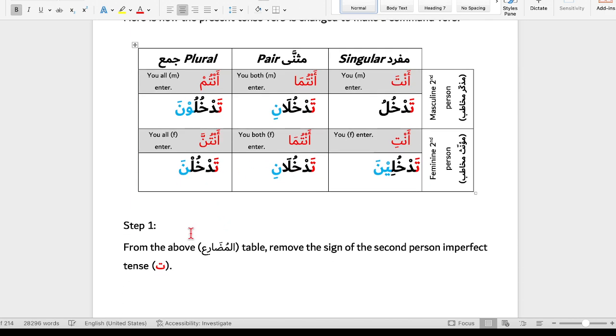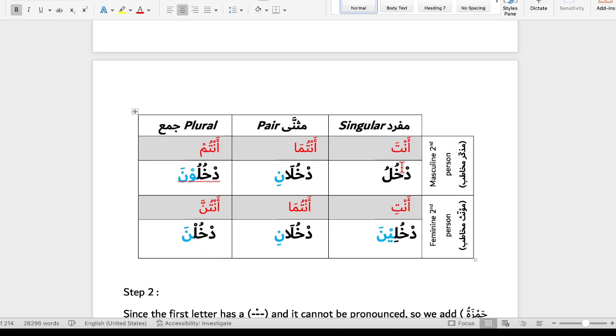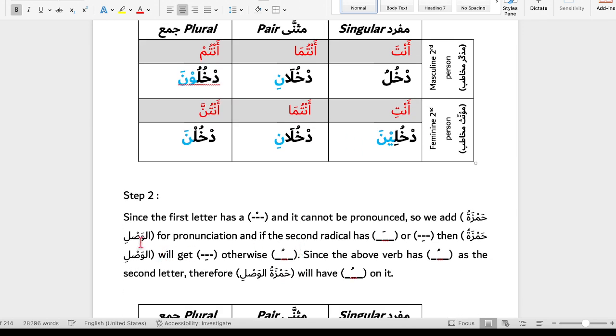Step 1, remove the ta. If you remove the ta, you can't pronounce any of these words. That is why the alif is added, which is hamzatul wasl, for pronunciation. If the second radical has fatha or kasra, then the hamzatul wasl will have the kasra sign, otherwise u.